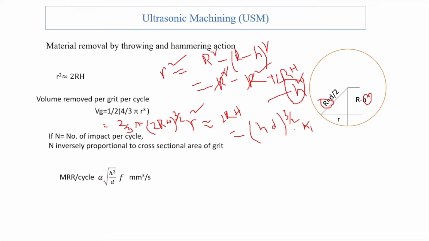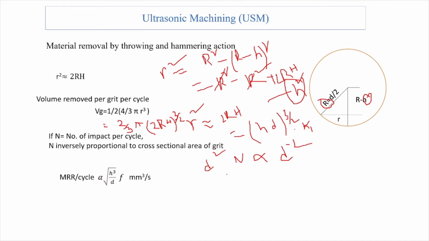Now if we denote the number of impacts per cycle as capital N, we can say N will be inversely proportional to the cross sectional area of the grid, that means d square or dg square. So N will be inversely proportional to d square, that is d to the power minus 2.